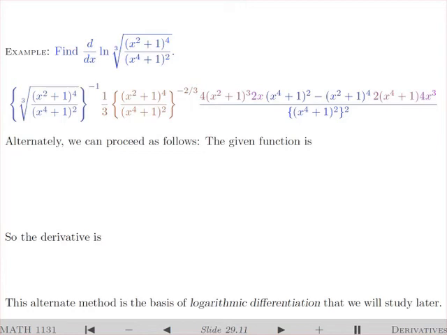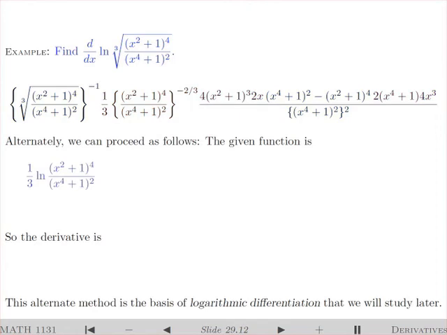But I could have used properties of logarithms to rewrite the original expression. Remember that logarithms convert multiplication to addition, division to subtraction, and exponents inside logarithms become coefficients outside. So if I start with this expression, I have ln of cube root of something. Cube root is power 1/3.